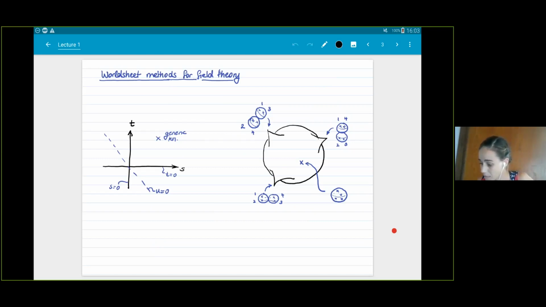And if we want to be serious about this being a worldsheet method for field theory, then certainly in contrast to string theory, something that we would want is that we only look at the boundary of the moduli space, say on the sphere, when necessary, meaning when there's also a factorization in the kinematic space.